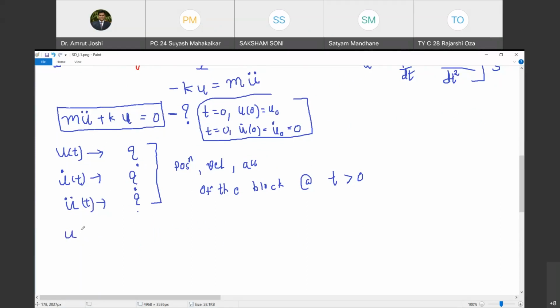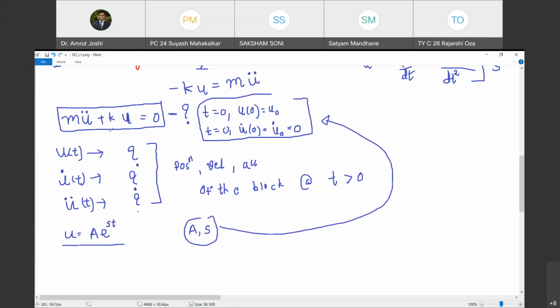Therefore, a typical solution looks something like u is equal to A e raised to st, exponential form. This is a typical solution for this, believe me. So what unknowns are in this solution? We have two unknowns, A and s. If I am able to express this A and s in terms of known quantities, I have got the solution. Do you agree with me?